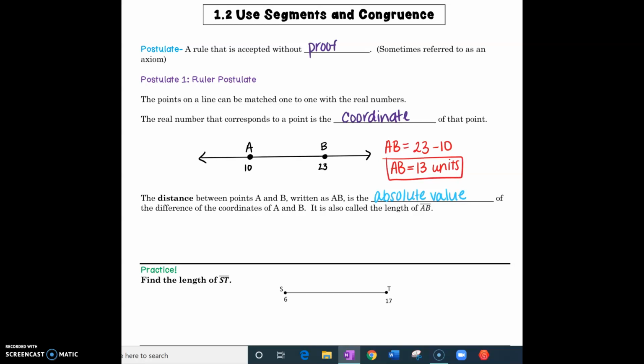It is important to note the notation. If we write AB with the line segment notation above it, this is talking about the line segment. So we're naming the line segment.